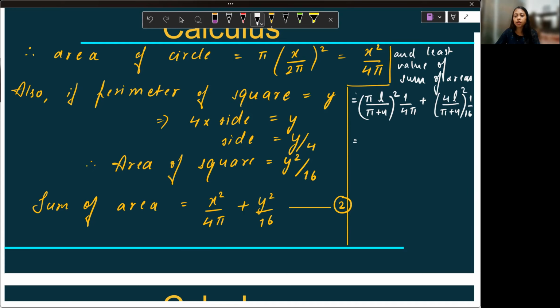I can take L square common. I can take 4 common and pi plus 4 whole square common.